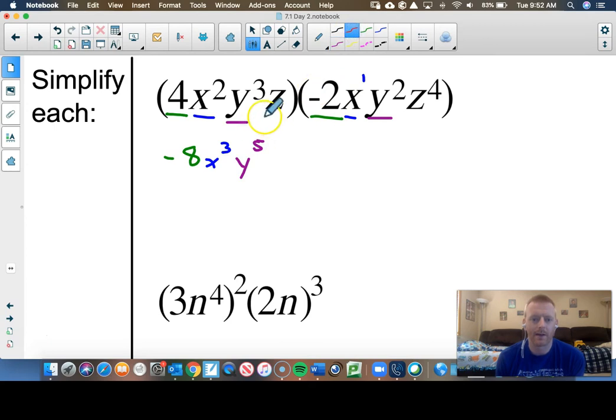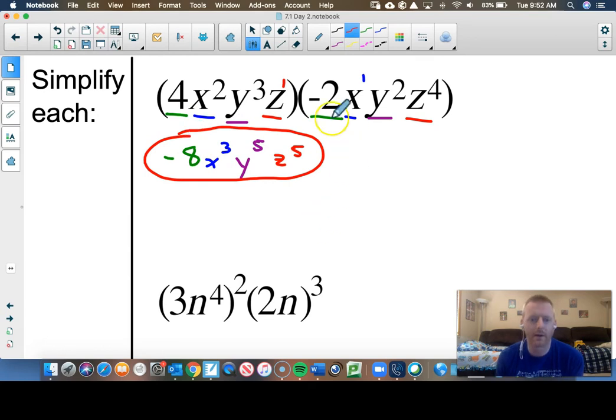And then we have a z to the 1st and a z to the 4th, we add to get z to the 5th. Now again, we're trying to get you guys to remember very, very carefully that this z to the 1st actually has a 1 up there, even though it's not written there unless you put it there. So be super duper careful.